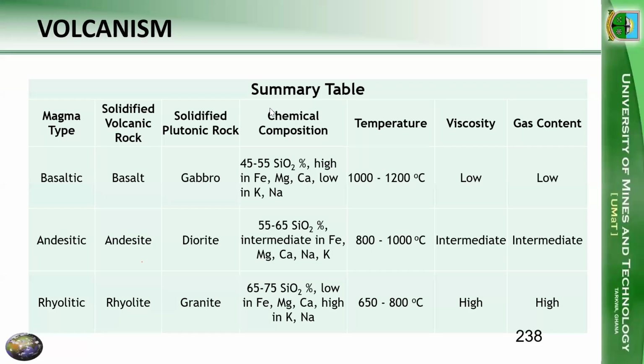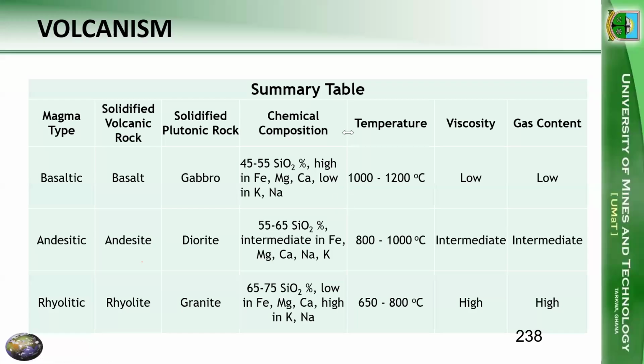The higher the silica content, it gives us a clue that the temperature of that magma should have been relatively low, at about 600 to 650 degrees Celsius. So that's as far as that is concerned.